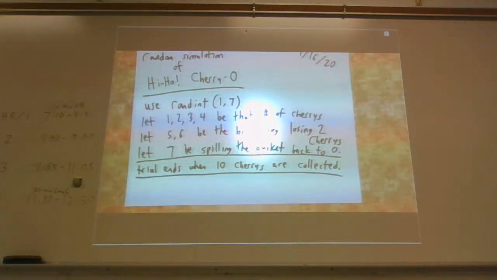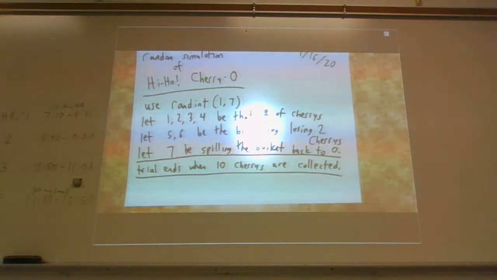What am I going to report when the trial is over? How many spins? Yes, that's the question. That's what the response variable is. That's what has to be reported. That's what comes out of the trial.